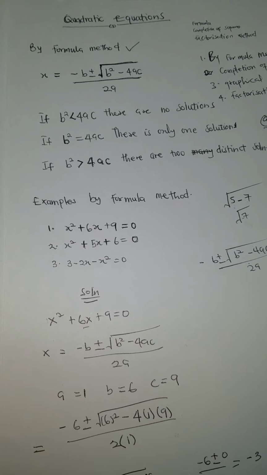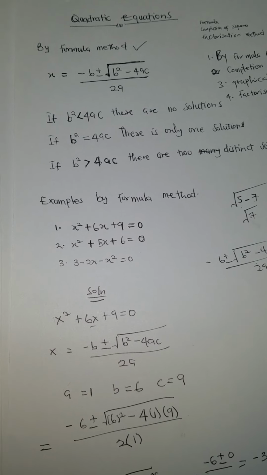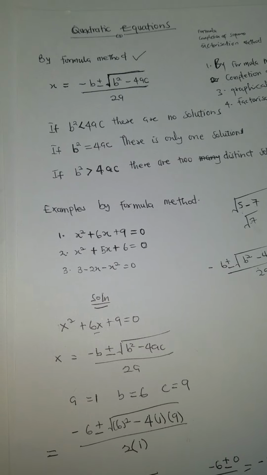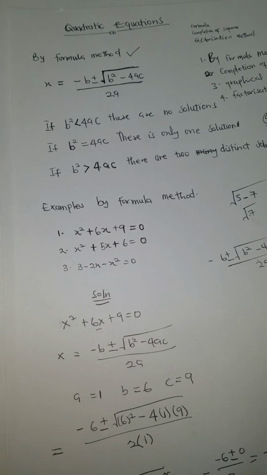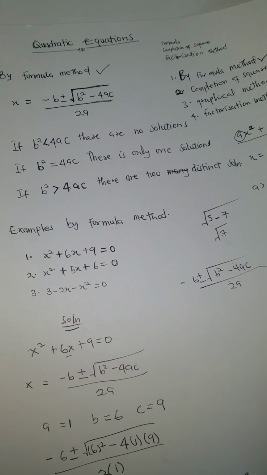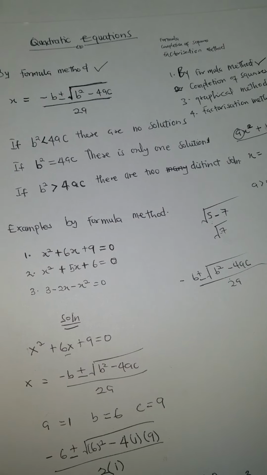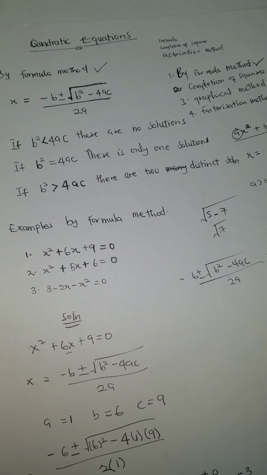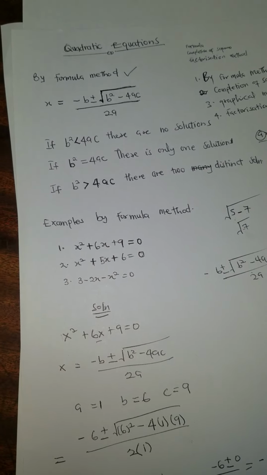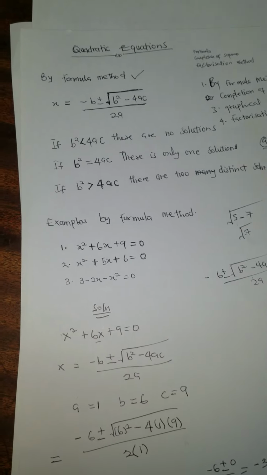So today we are learning a topic in mathematics called quadratic equations, and it will interest you to know that quadratic equation is one of the simplest topics, but it falls under almost every topic in mathematics.